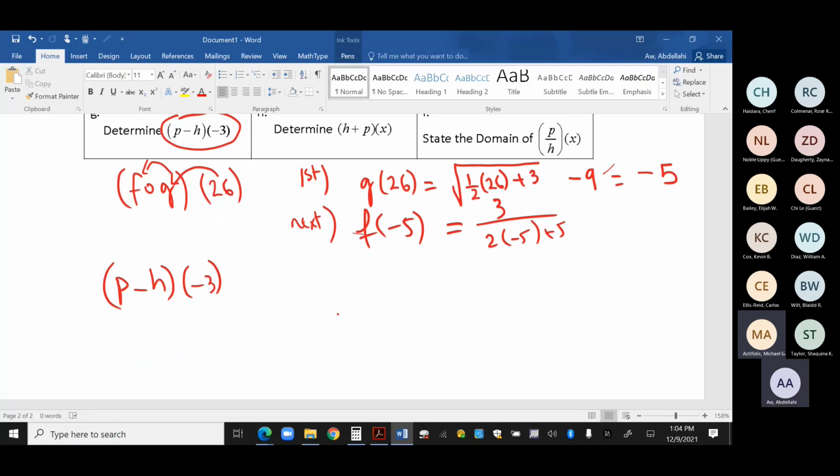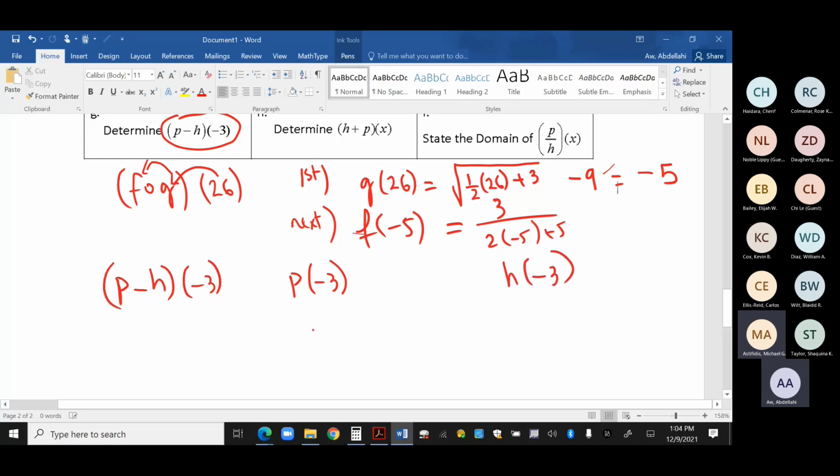Yes, the two are independent. We don't wait until we calculate one and then plug it into the other. Here, we do two independent things. On one hand, we do p of -3. On the other hand, we do h of -3, and then we subtract them. Okay?